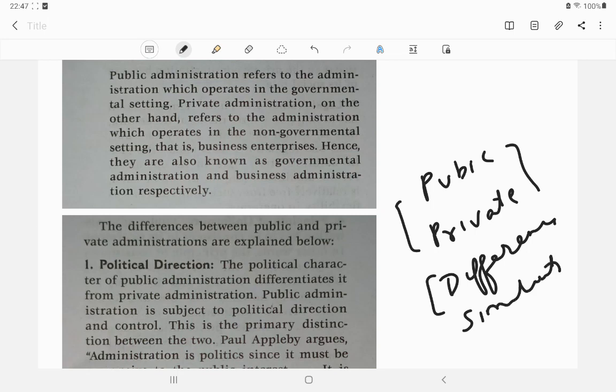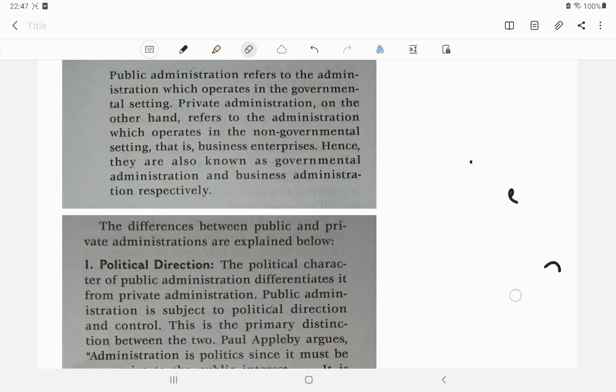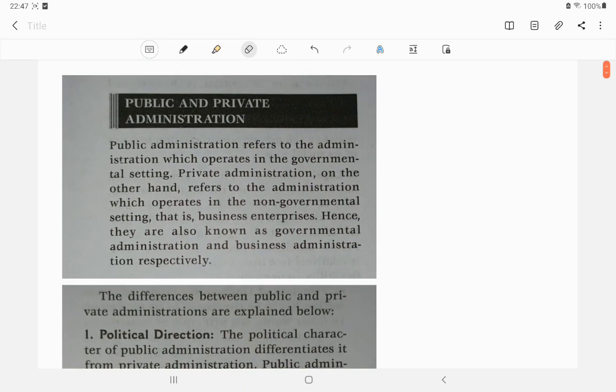So this may come for 2 marks, 5 marks, 10 marks or 20 marks also. So this is a very big topic and I'll explain you first public or private administration meaning the case it is there. First we'll go to the 2 marks.